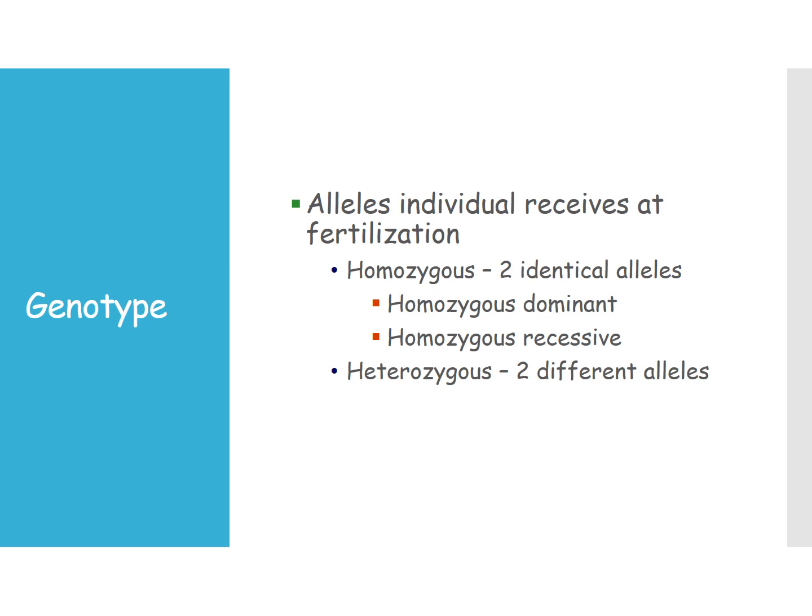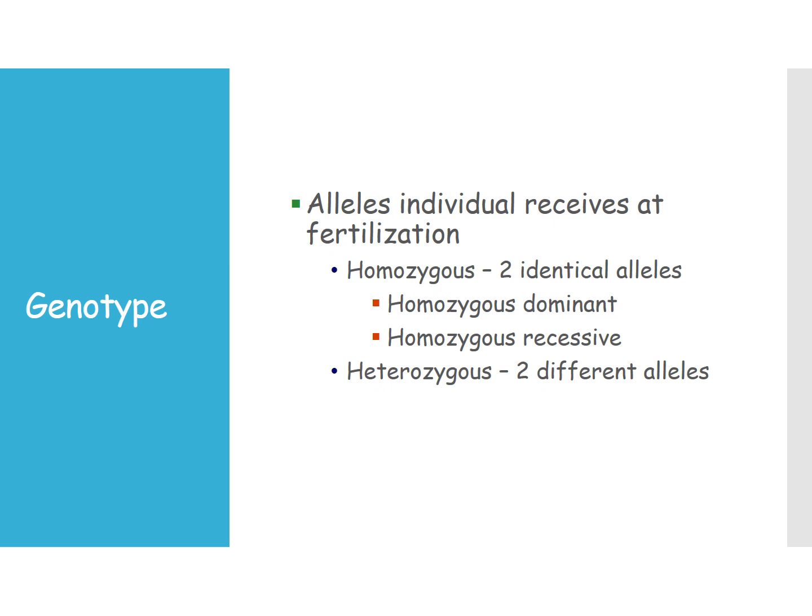Again, genotype is what alleles are inherited, or what alleles an individual receives at fertilization. And there are several modes of inheritance. You could inherit 2 identical alleles, in which case that's designated as being homozygous. Zygous refers to a zygote, the name given to a fertilized egg, and homo means the same.